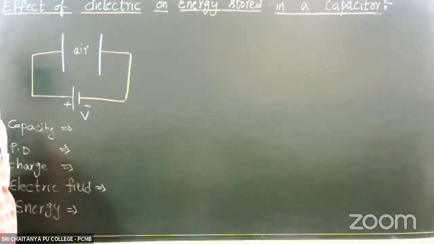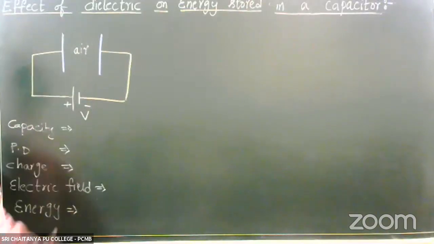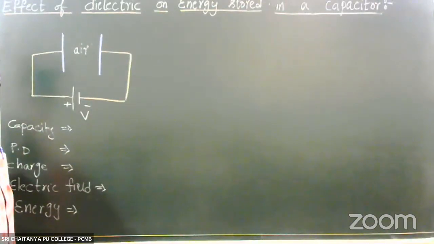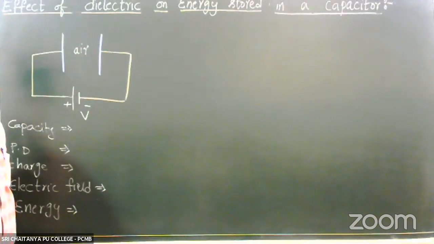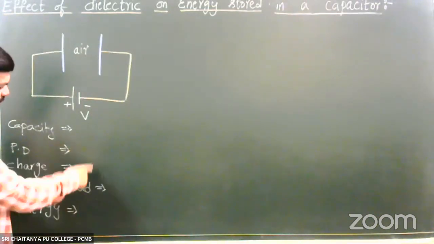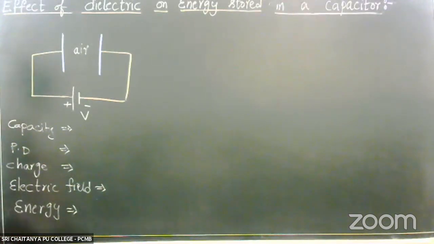If a dielectric is placed between the plates of this capacitor, how do these factors change, and finally how does this energy change? We are going to discuss that in different cases. Well, come on.